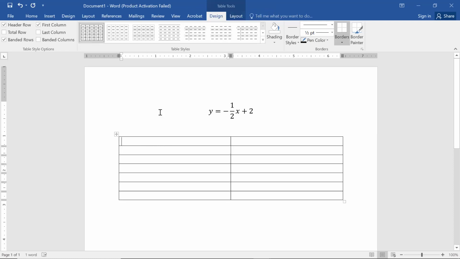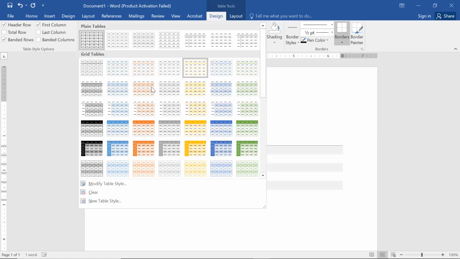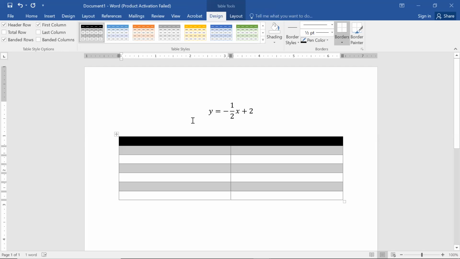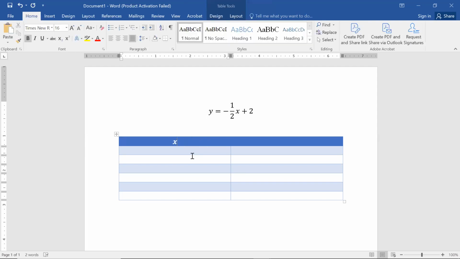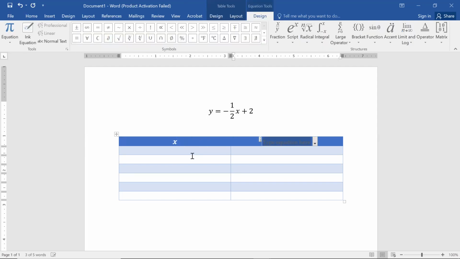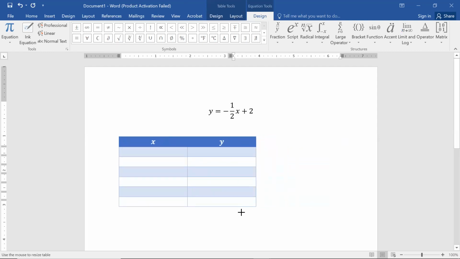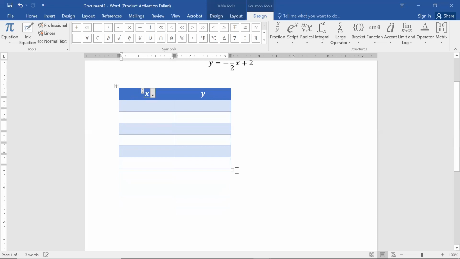It really doesn't matter what format the table is, but you just need to have x values and y values listed out in your table.